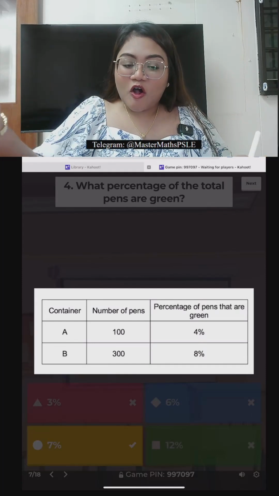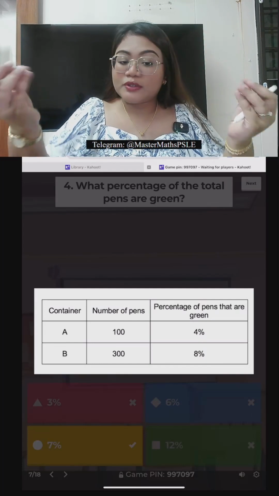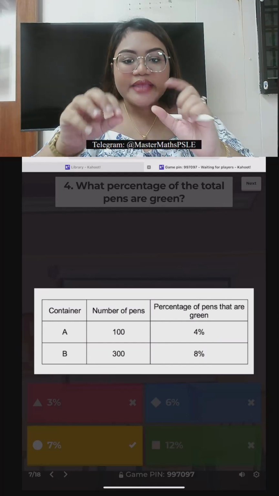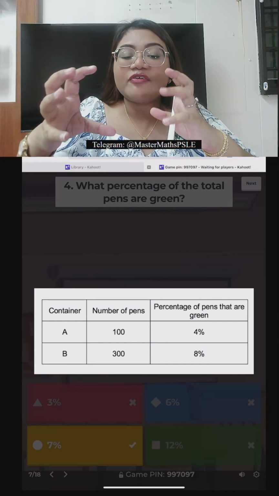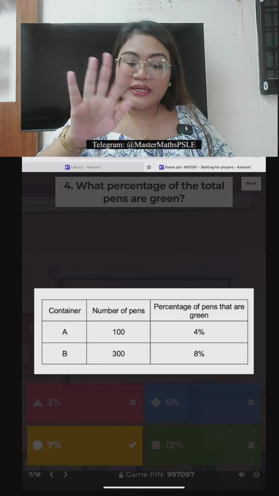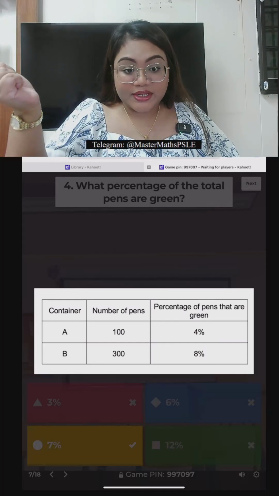It's like saying of the total versus of the remainder. You cannot add the percentages up because they are referring to different totals. Everybody can follow? That's why 4 plus 8 equals 12% is not the correct answer.